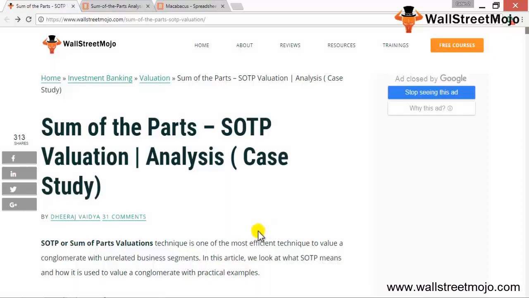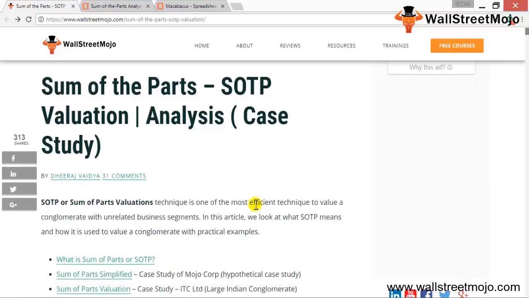And the topic is sum of the parts valuation. Now, sum of the parts valuation is typically used for companies which have got diversified businesses, which you cannot value using DCF or a single relative valuation technique.